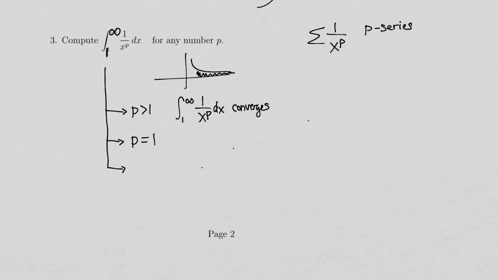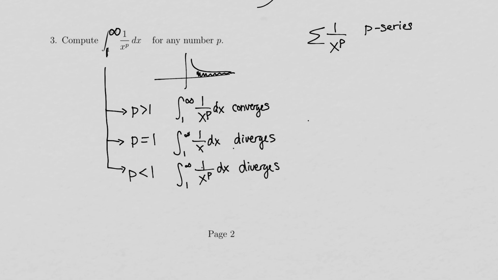If p equals 1, we also did that, and we saw that it diverges. And if p is less than 1, we saw that also diverges.